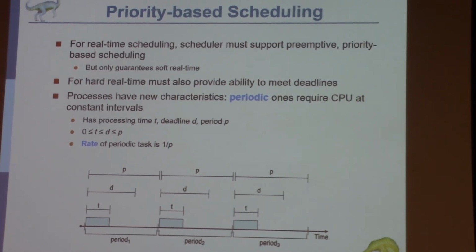For example, deadline 4 and CPU burst time 2, which means this process should be done within 4 milliseconds inside one period. So this is called real-time processing. The operating system that has real-time scheduling is called a real-time operating system or real-time system.